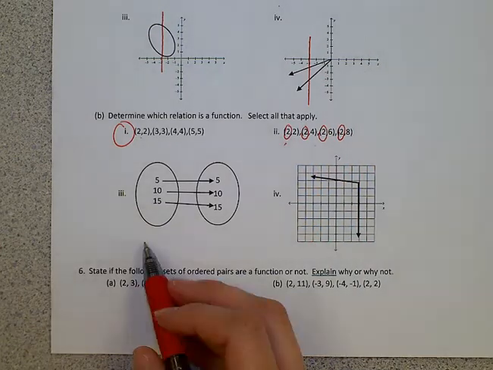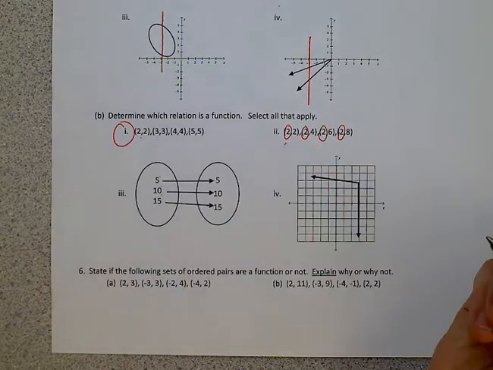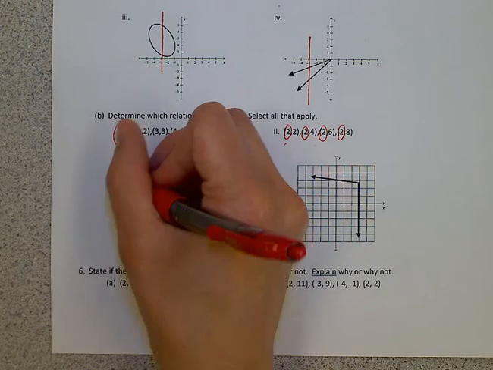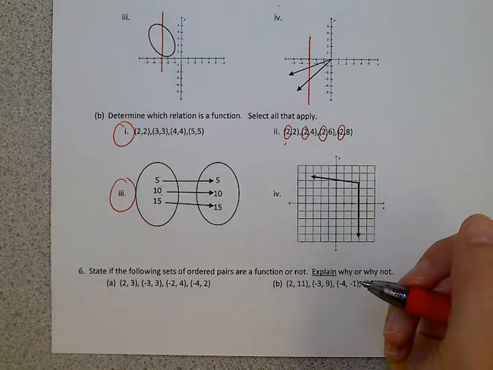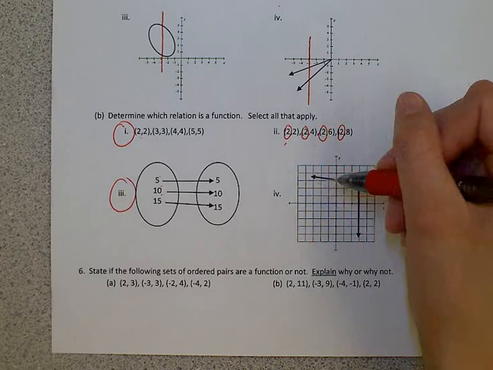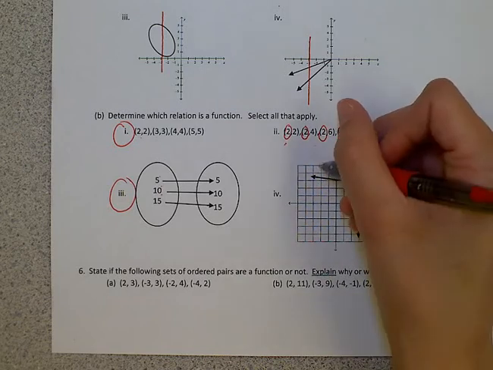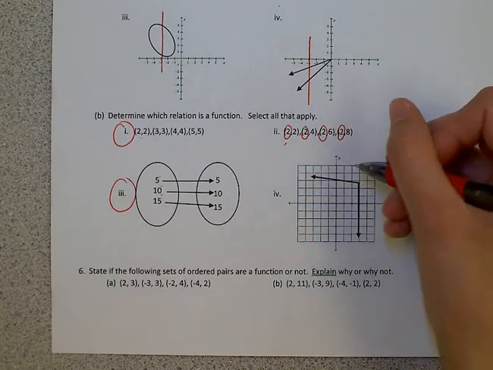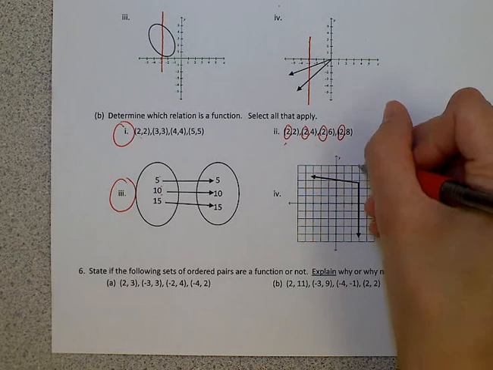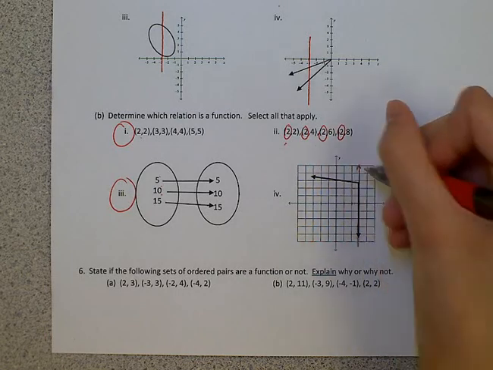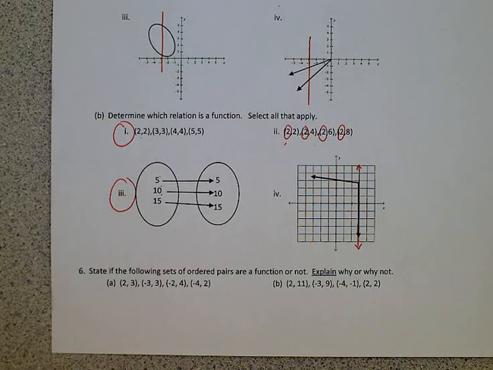Choice 3, x values look okay, no repeats. That's a function. And then this figure right here, although the vertical line test would work on the left-hand side, when we get to this right-hand side, we have a vertical line, so that would not pass the vertical line test. So 1 and 3 are the only options for functions.